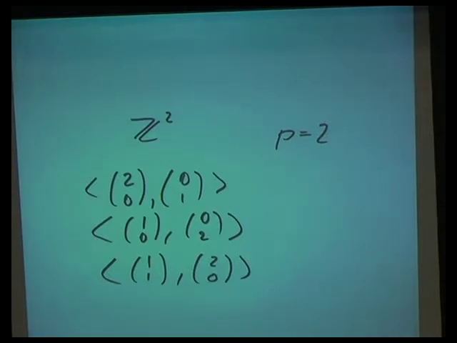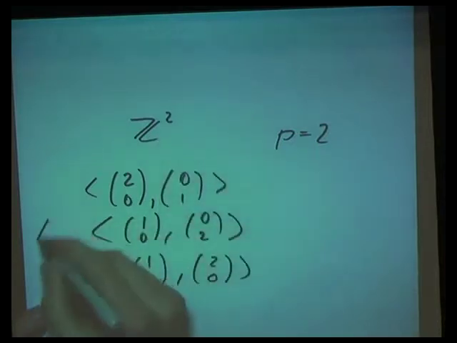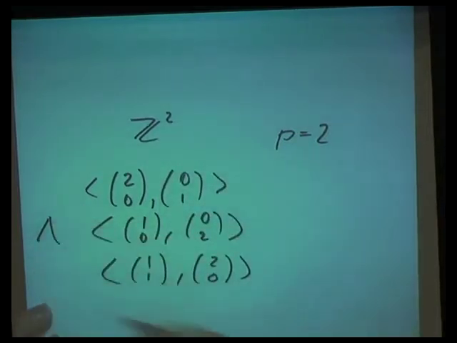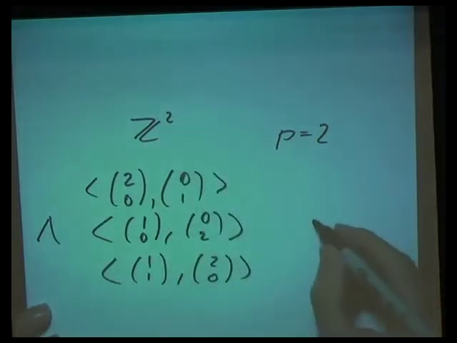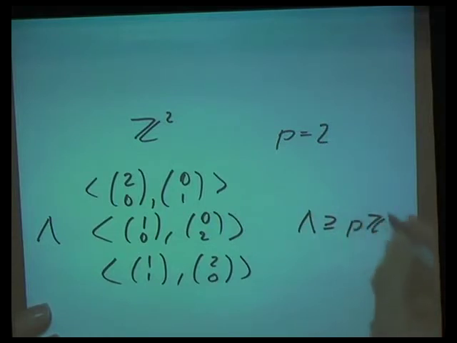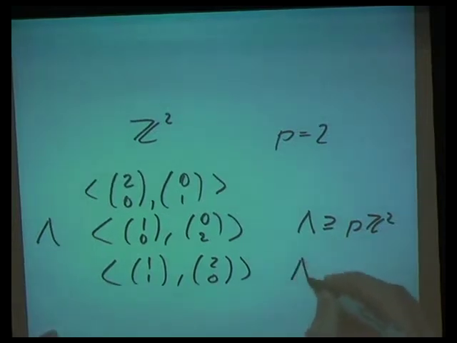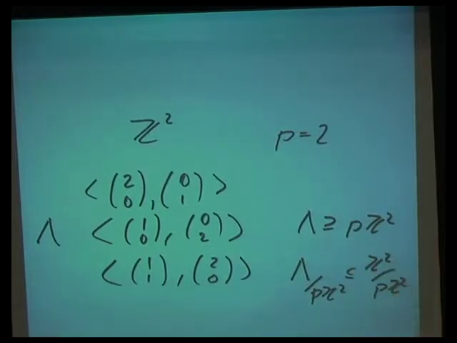And if you think about it a bit further, if you have this lattice, the subgroup of index 2 in C2, then you know that this lambda contains P times C2, right? Because it's index P. So this lambda mod P times C2 is a subgroup of C2 mod P C2, which is the affine two-dimensional plane over the field with 2 elements.